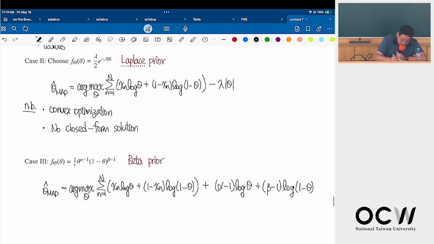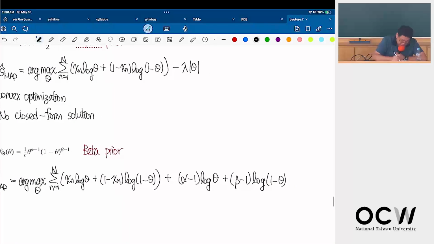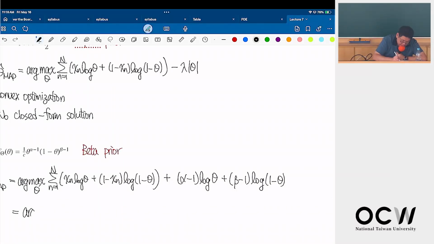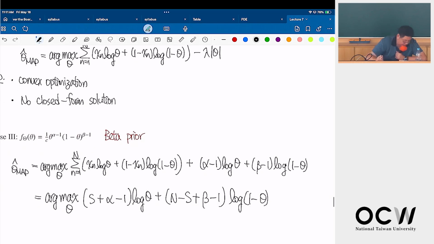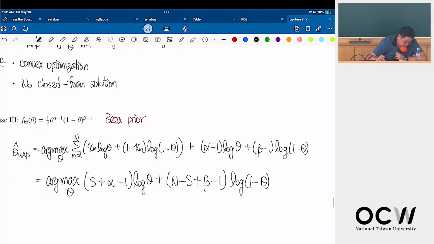So this can be written as (S plus alpha minus 1) log theta, and then (n minus S plus beta minus 1) log (1 minus theta). You can take the derivative.